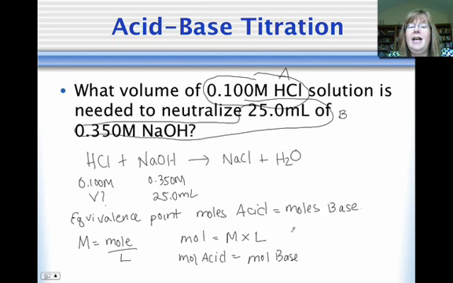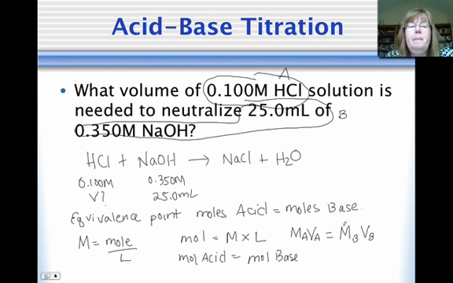Or we could say the molarity of our acid times the volume of the acid equals the molarity of the base times the volume of the base. What's important about our volume unit is that it match on each side. If we use liters, that's great, as long as you have liters on the other side. Or if you use milliliters, that's fine too, as long as the volume over here is in milliliters.